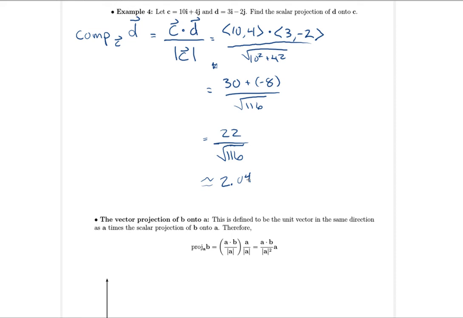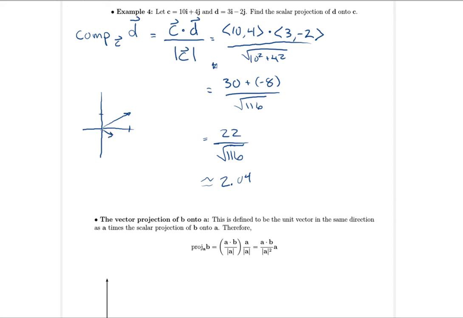I can sketch these real quick. I'm just going to do a real quick job of this. X component of, we'll call this 10, call this 4. So there's my C. And then D is over 3 down 2.